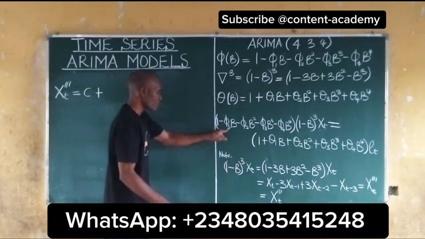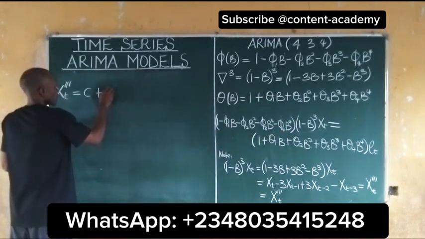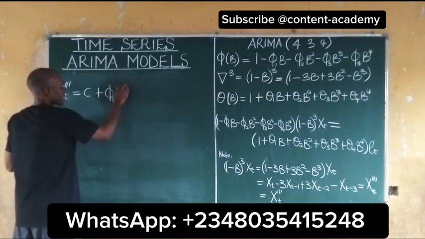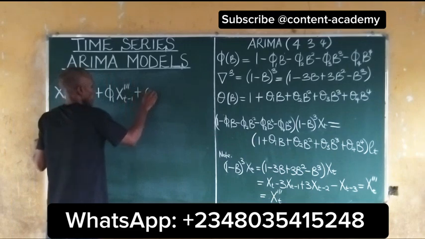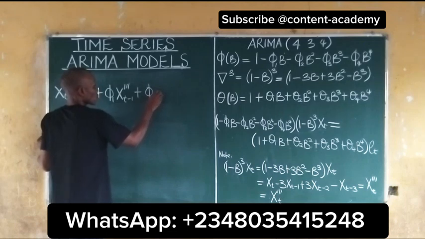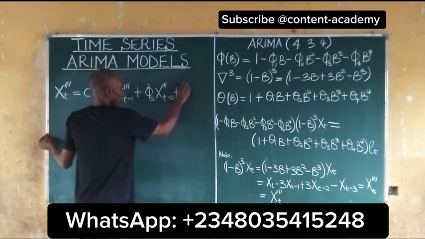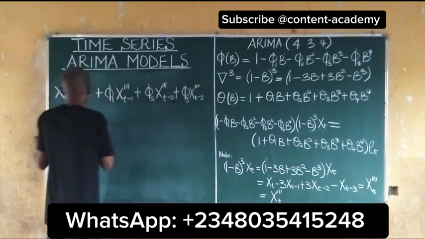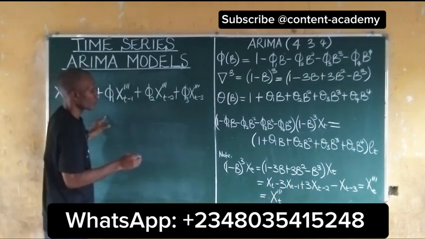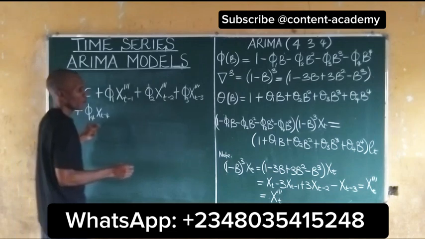So we have here Xt multiplied by phi 1 B. So we have phi 1 Xt minus 1 because of the backward difference, plus phi 2 Xt minus 2 plus phi 3 Xt minus 3 plus phi 4 Xt minus 4, which is this.